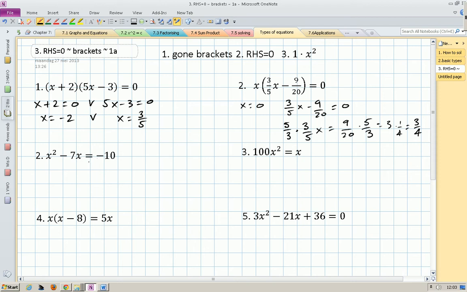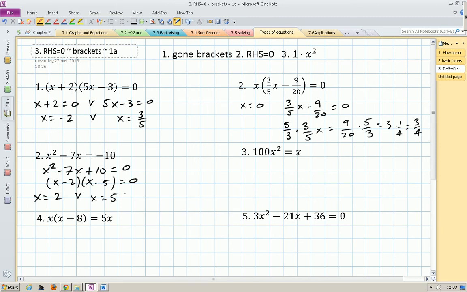Well, I just add 10 to both sides to get that minus 10 gone, and that will be then plus 10 is equal to 0. This is a type 3 equation, and it's going to be x minus 2 times x minus 5 equals 0. So that will mean, skipping a step, that x is equal to 2, or x is equal to 5.